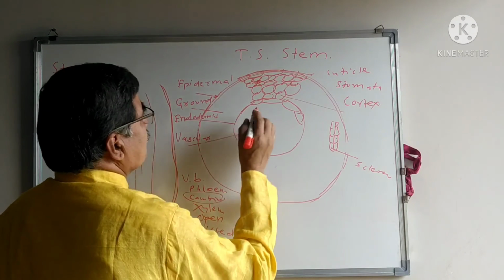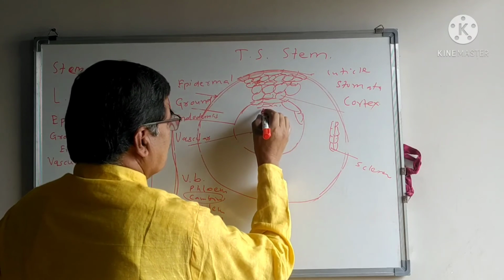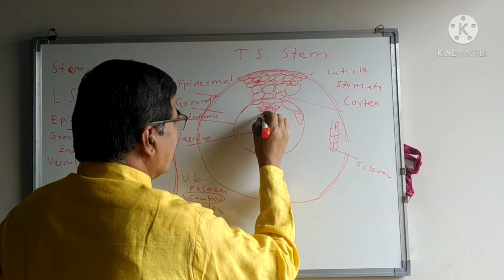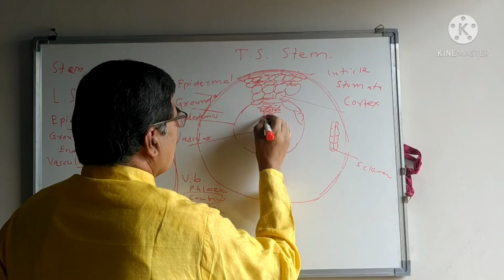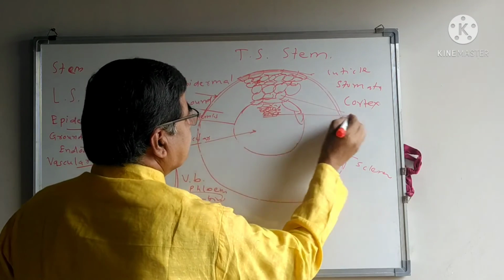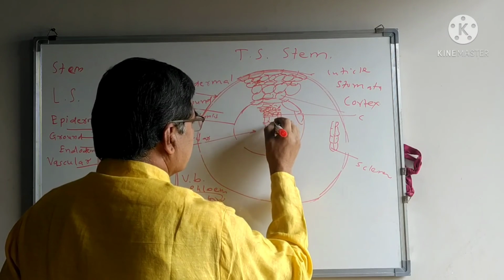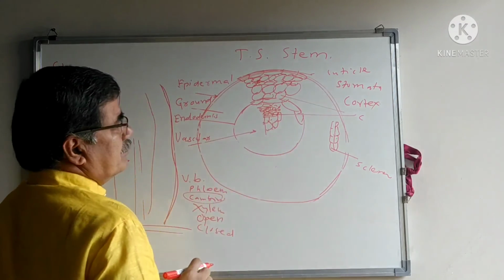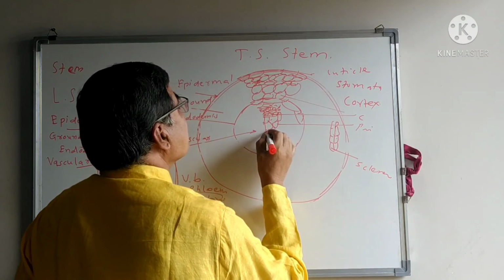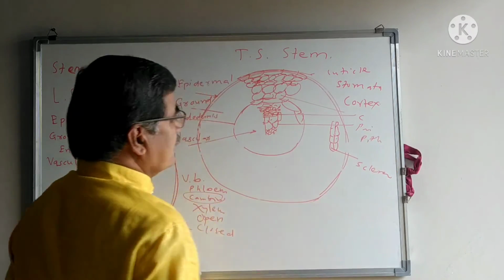Inner to this vascular tissue, the parenchymatous pericycle is present. Then it consists of the phloem, a living tissue, the cambium, and the primary xylem, and centrally placed the pith.